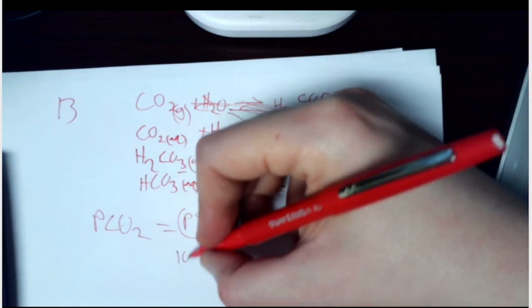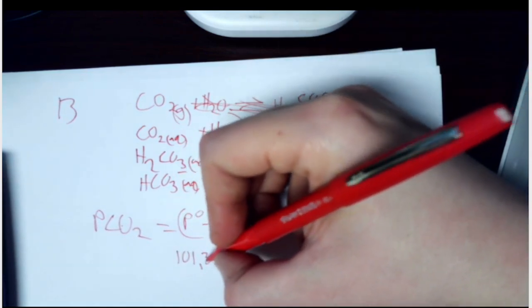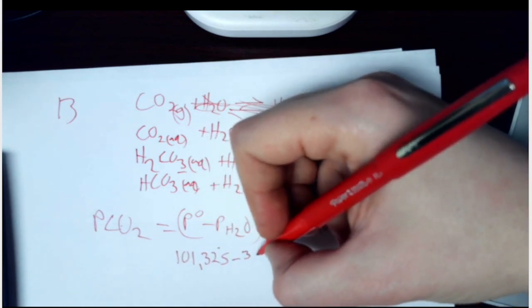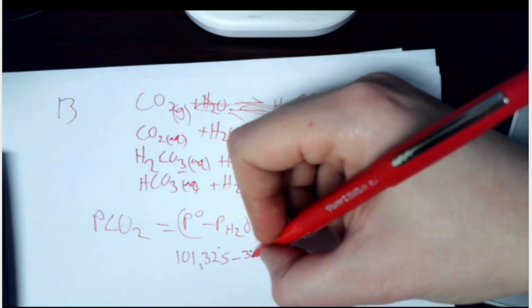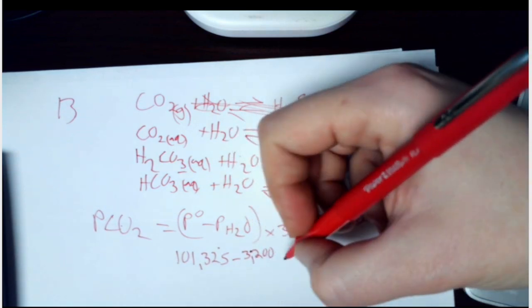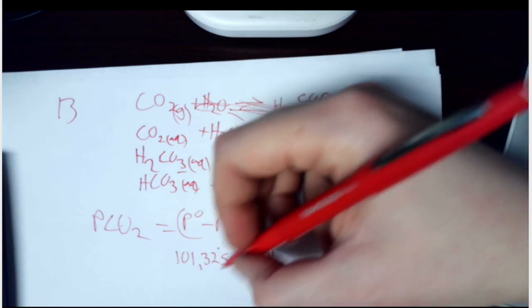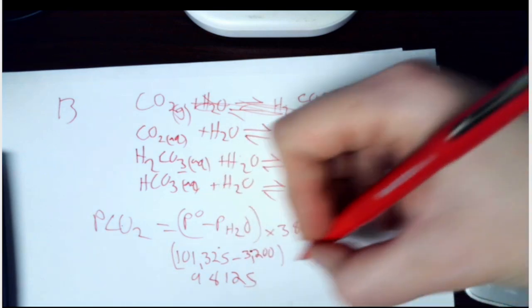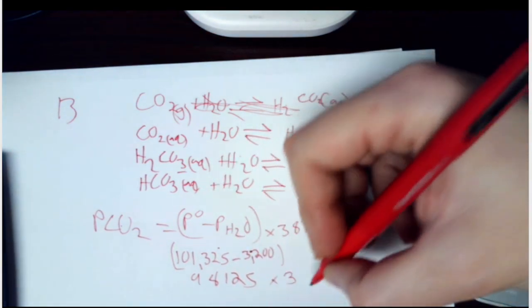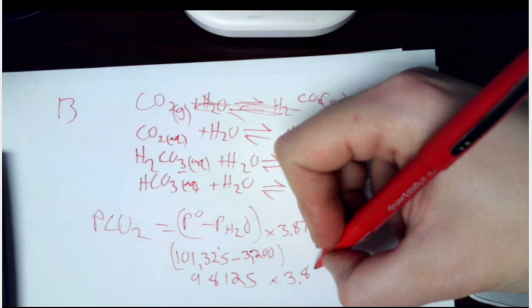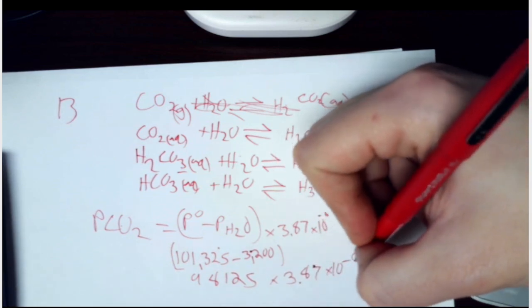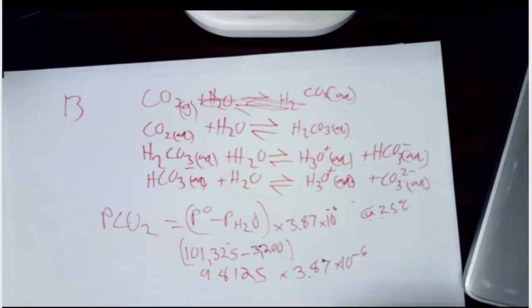So the normal pressure is 101,325, and the pressure of water is 3,200. That subtraction gives you 98,125, and we multiply that by 3.87 times 10 to the negative 6th.